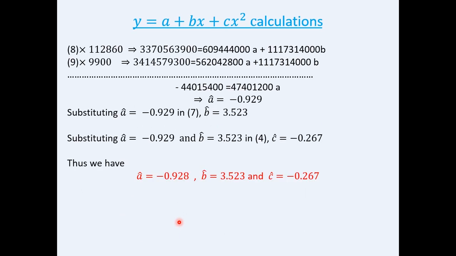We know how to solve 2 equations in 2 unknowns and solve for A and B. And substituting the value of A and B, we get the value of C.